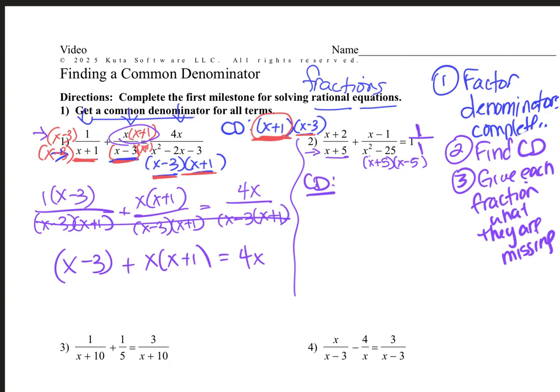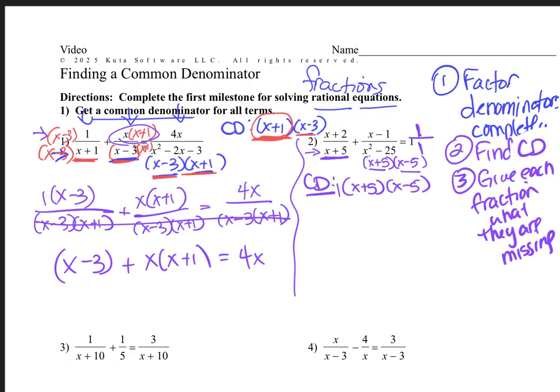So the common denominator here is this x plus 5 is a factor. This one already has an x plus 5, and this one has an extra x minus 5. This one is 1, so 1 we don't really count. You can put a 1 there, but it doesn't change anything.